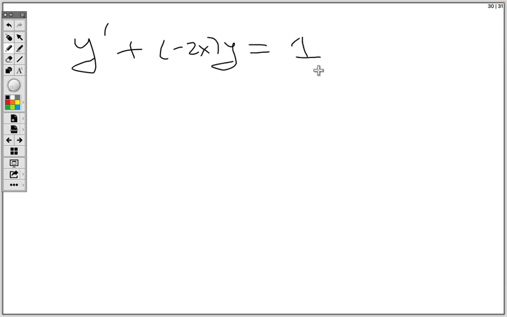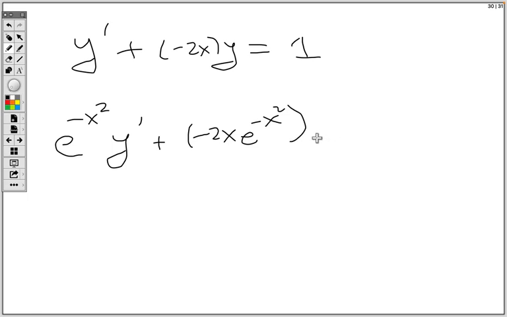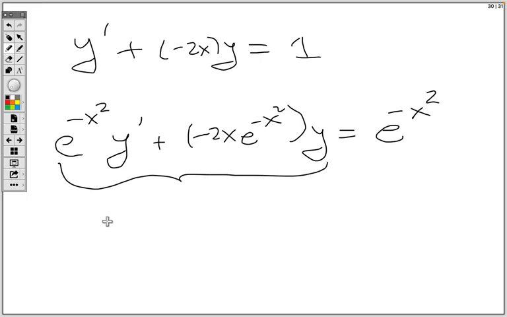And then 1. So now we're going to multiply both sides by that. And once again, I leave it to you in the privacy of your own home. Double check that the left-hand side is the exact derivative of e to the minus x squared y.